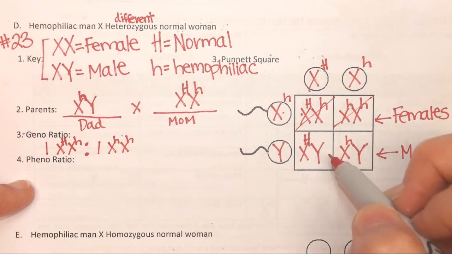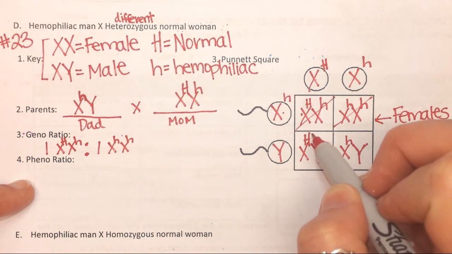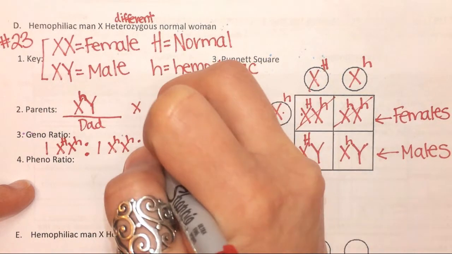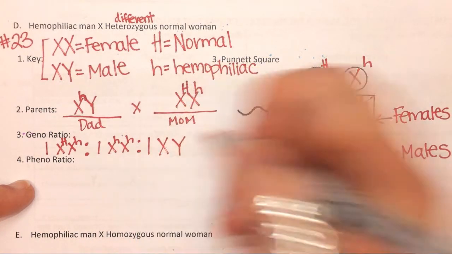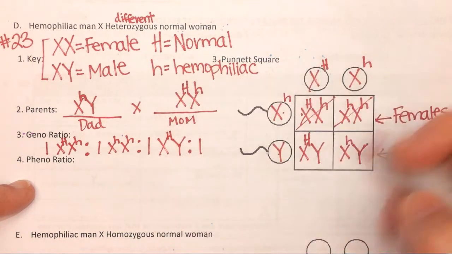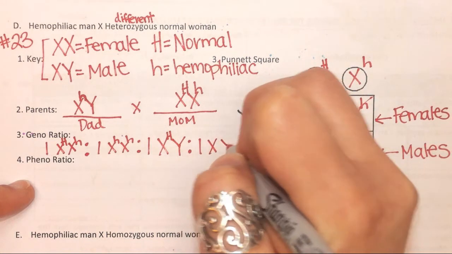Looking at the males, these two boxes are not the same, even though they are both males. This is a capital H, this is a lowercase h. So we say that this is 1 XY with a capital H, and we have 1 XY with a lowercase h.